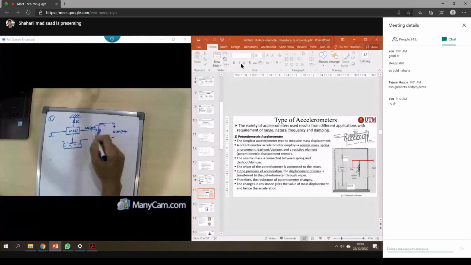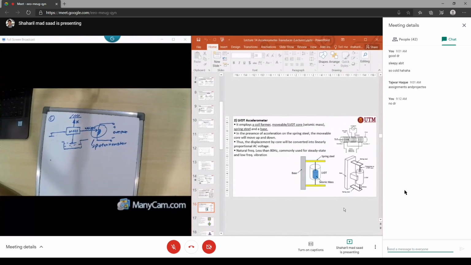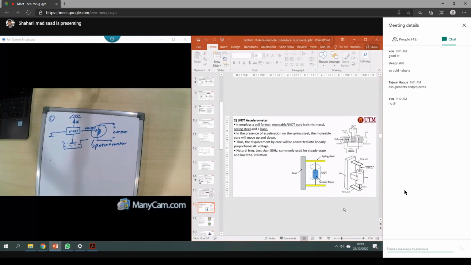Sometimes we call it the variable resistor, the potentiometer. So this one is in terms of theory, and you need to be able to explain. But I think during the exam you can open the slides and also copy paste. Hopefully.